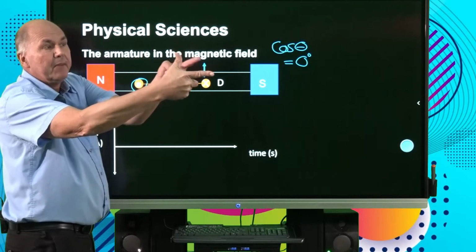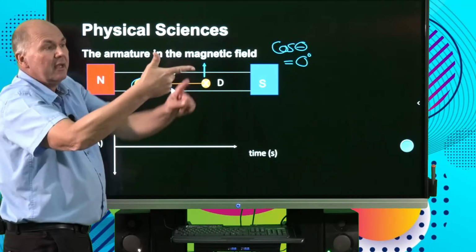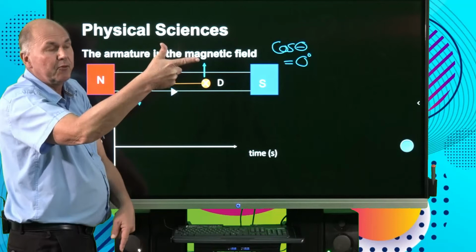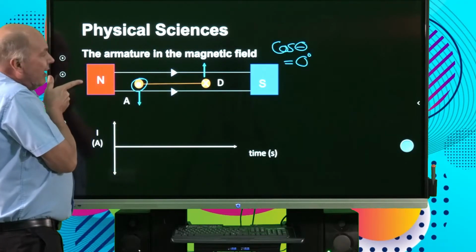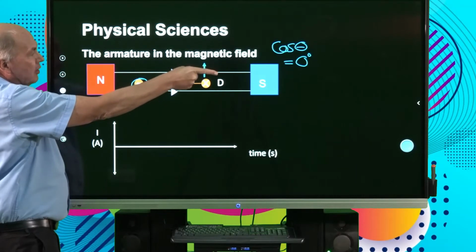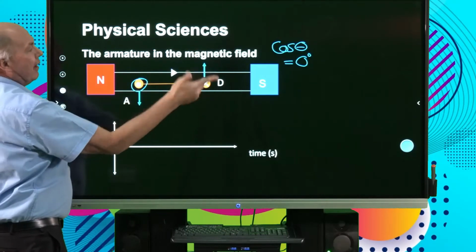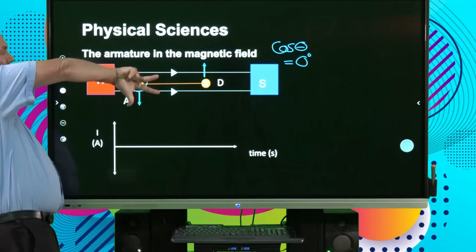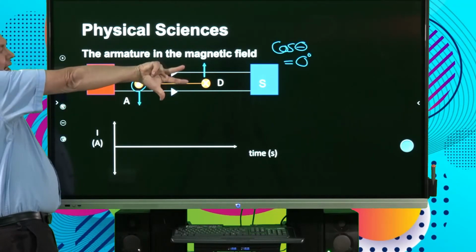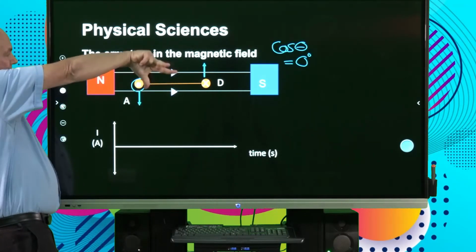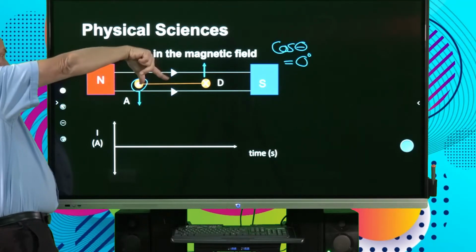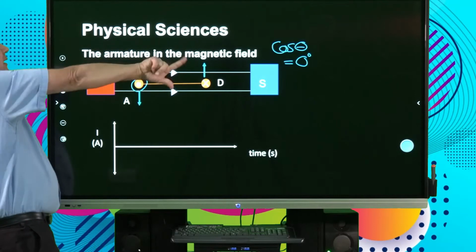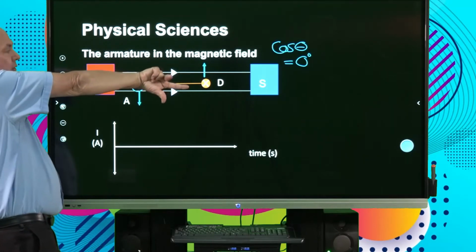Remember there, the thumb is for the motion, the first finger is for the field, and the second finger is for the current. So if we have the field in that direction, the motion up, the current is going to be in. And in this way, we go north to south with the field, the motion is down, and I hope you can see that the first finger is that way, the second finger is pointing out towards you.